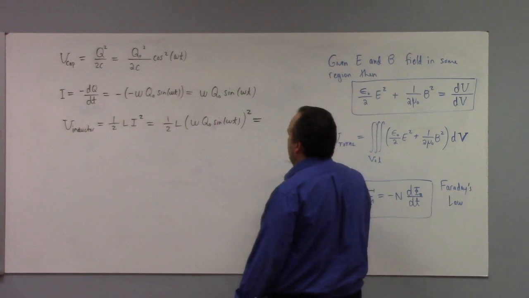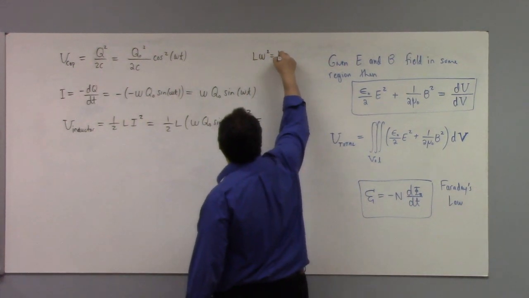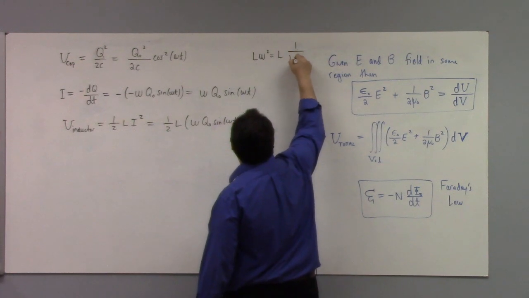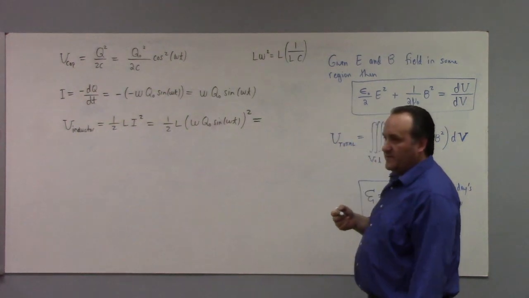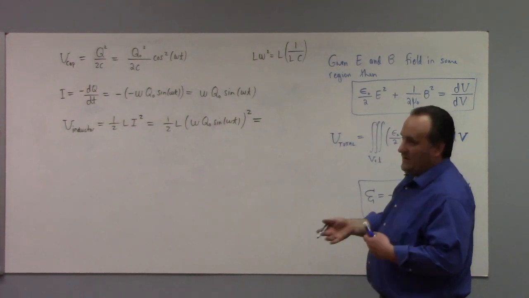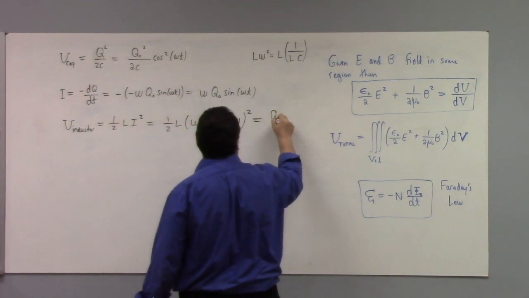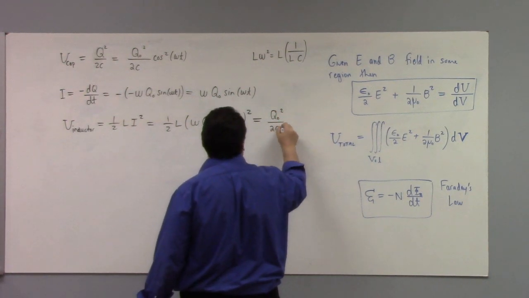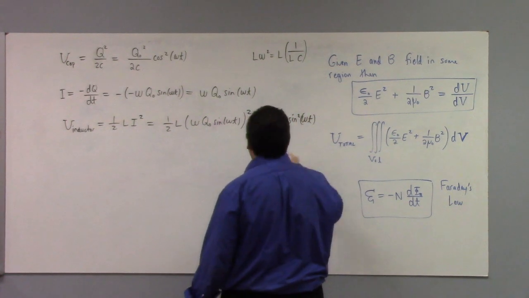What is L omega squared? It's L times 1 over LC, right? So L omega squared is actually just 1 over C. So you see this is actually Q naught squared over 2C sine squared omega t, right?